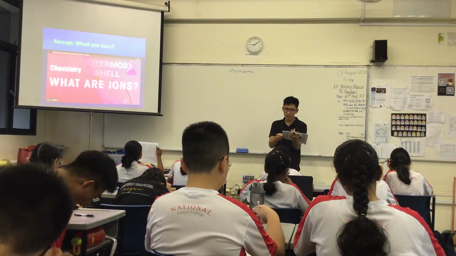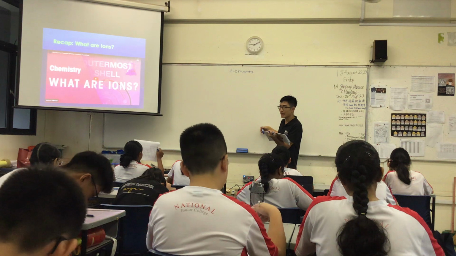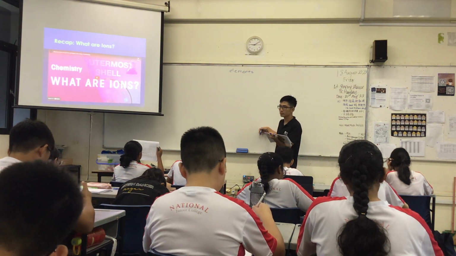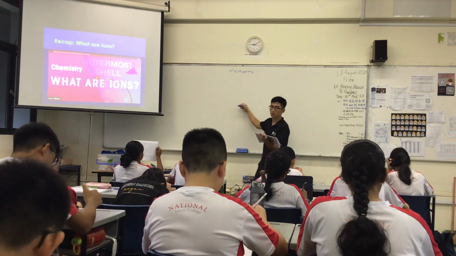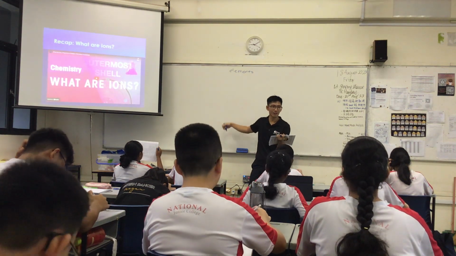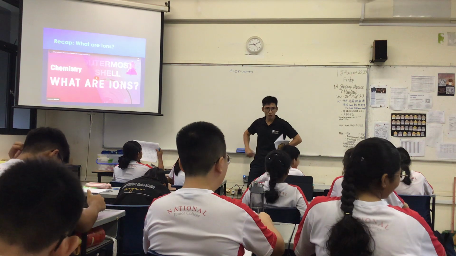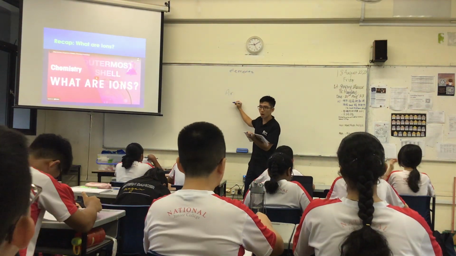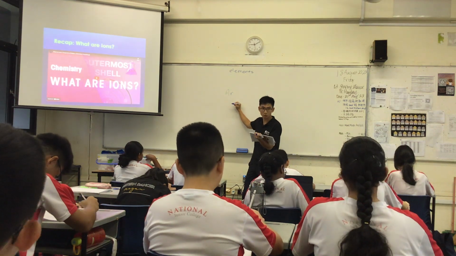Can you tell me what's the electronic configuration of argon? Very good, okay? So look at argon. Argon has 18 protons, therefore it should have 18 electrons.